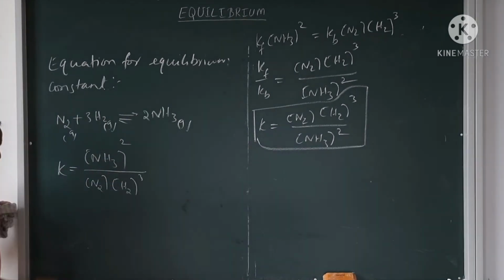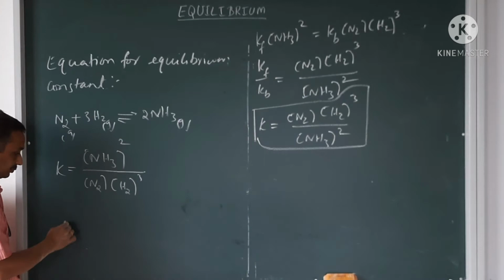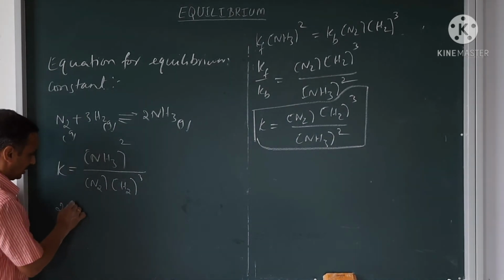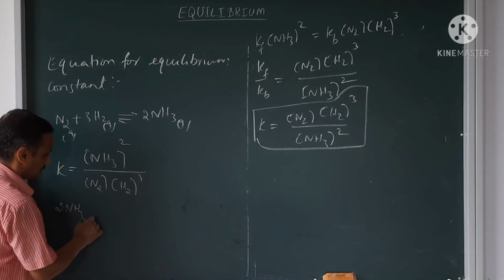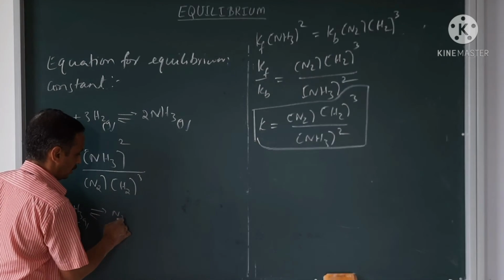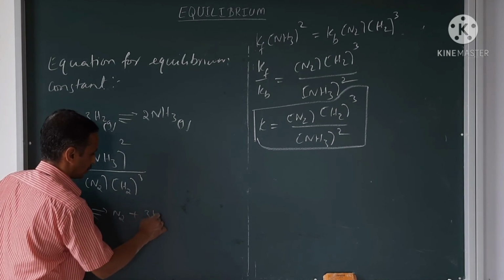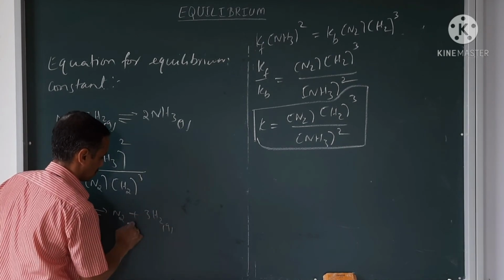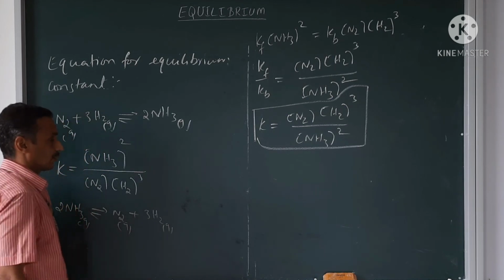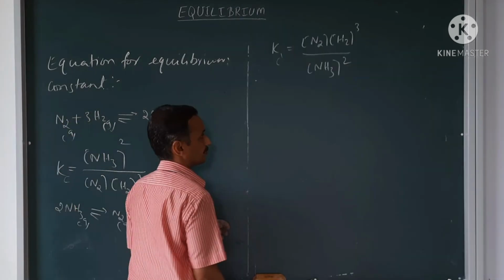This one. When I reverse the reaction, 2NH3 gas giving N2 plus 3H2 gas, what is the equation?